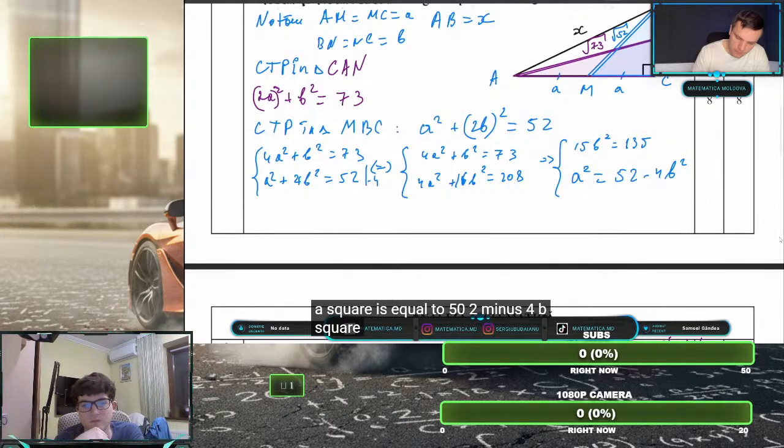So 15 b to the second power is equal to 135.